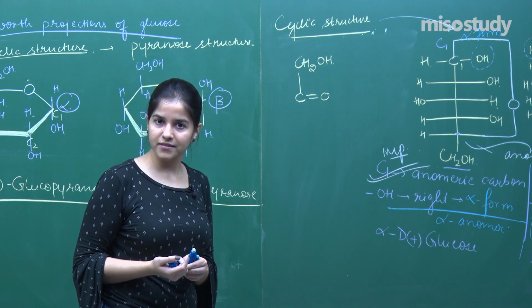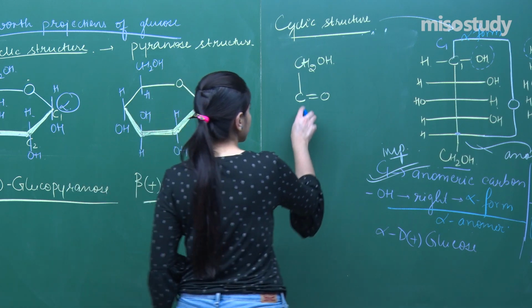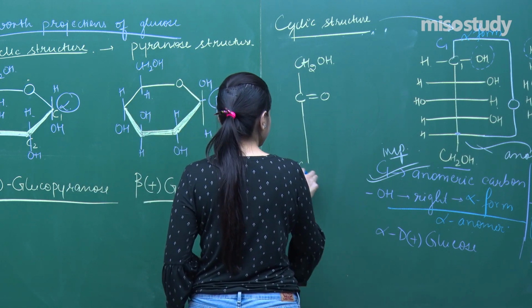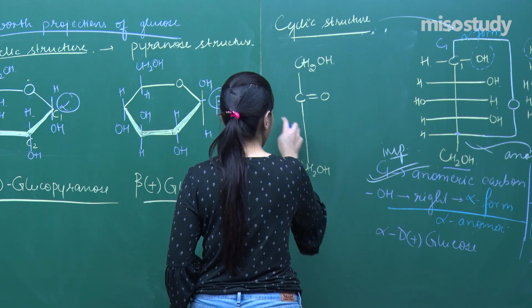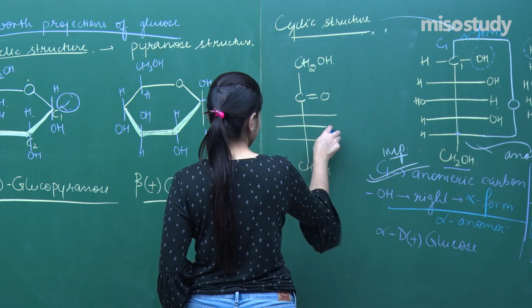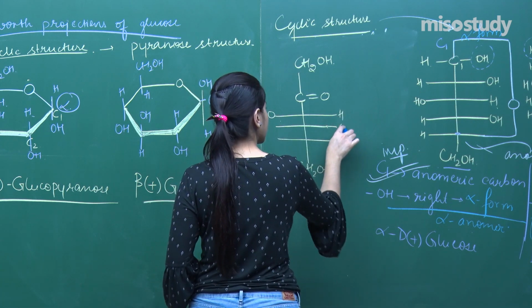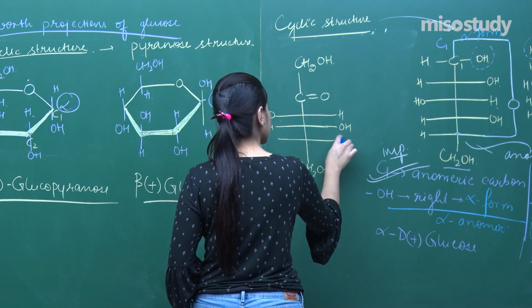That means L, R, R, right? I'm removing R. Now I'm left with L, R, R. So it's CH2OH at the end. So it's like L, R, R. Clear?